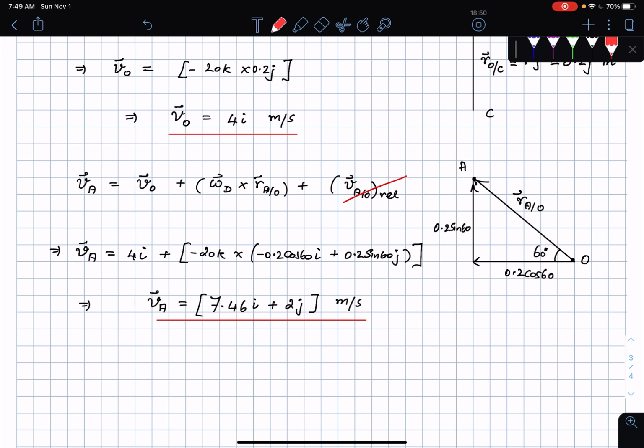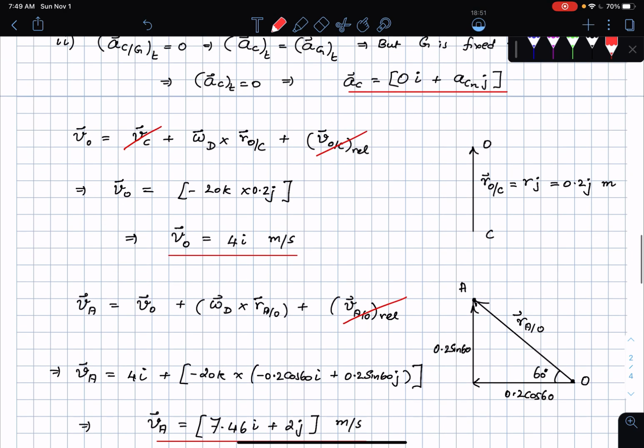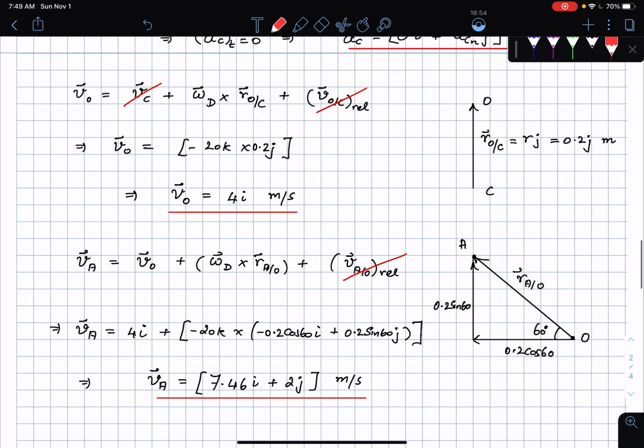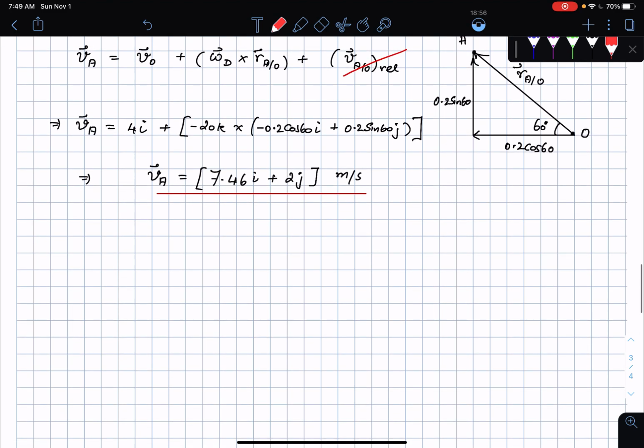Then acceleration analysis. Okay, so this is all velocity analysis for points O and point A. I do the same thing for the acceleration analysis. Now acceleration of O is going to be only in the I direction, right? Why is that?